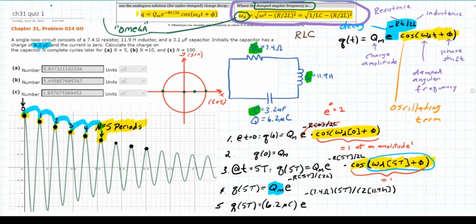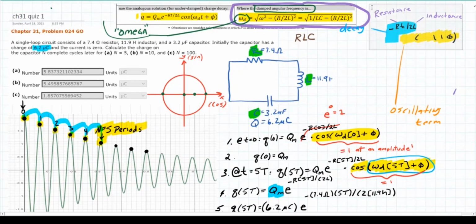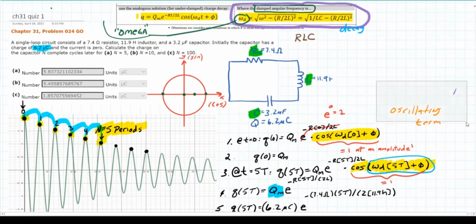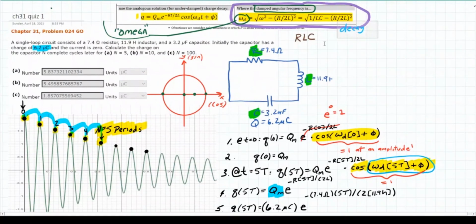Let me make some room right here. All right. Number 6. Okay, so number 6.